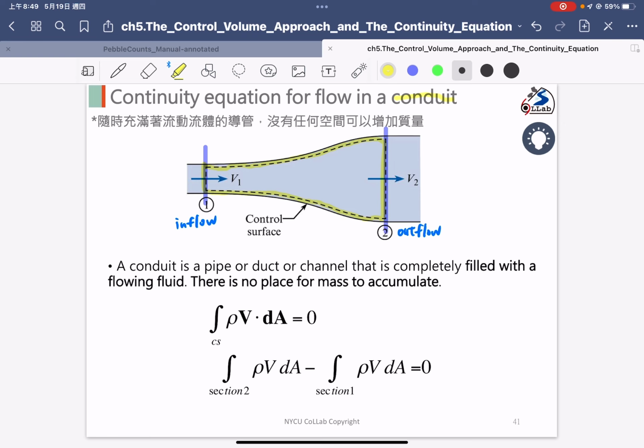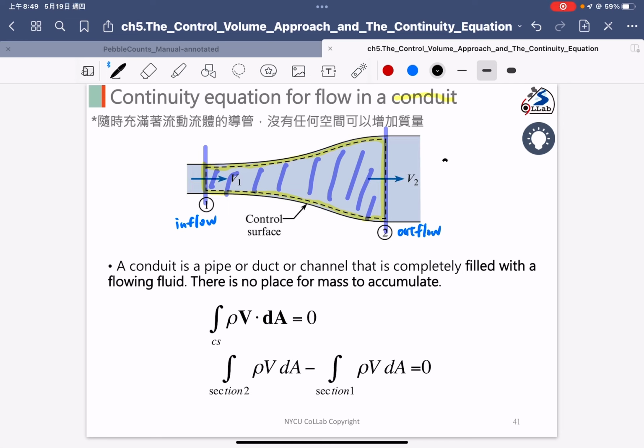And because the fluid always flows in the conduit for the control volume, the mass doesn't change in the control volume. So you can rewrite the continuity equation.